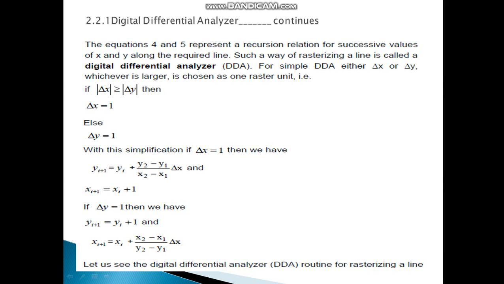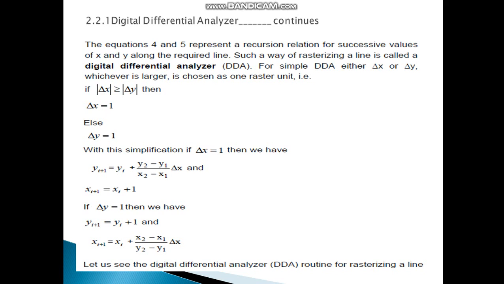With this simplification, if delta x is incremented, then delta x is equal to 1, means x2 minus x1 is equal to 1. So we find out the next point, that is x2 is equal to x1 plus 1.